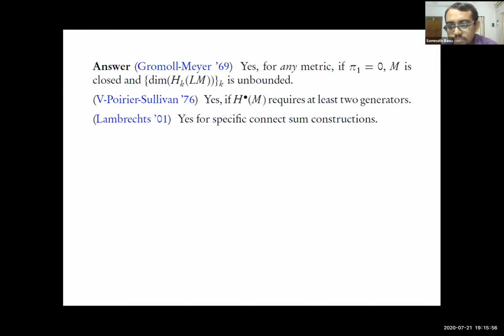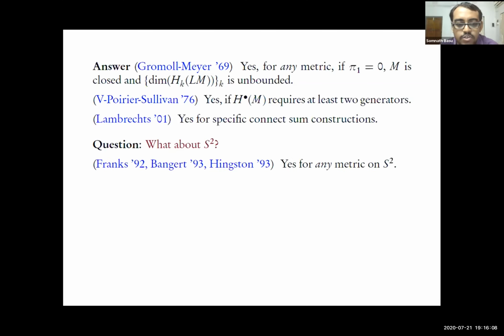So you can do a little bit more, but you know, the question remains, what about S2, right? I gave you an example of this bumpy S2. So is it true that there are non-trivial closed geodesics there? So it has a long history. I think in 1927, a group of people, Fet and Lusternik and maybe others, claimed that there are at least 3 non-trivial closed geodesics on S2, but it was incomplete and things took a long time to settle.